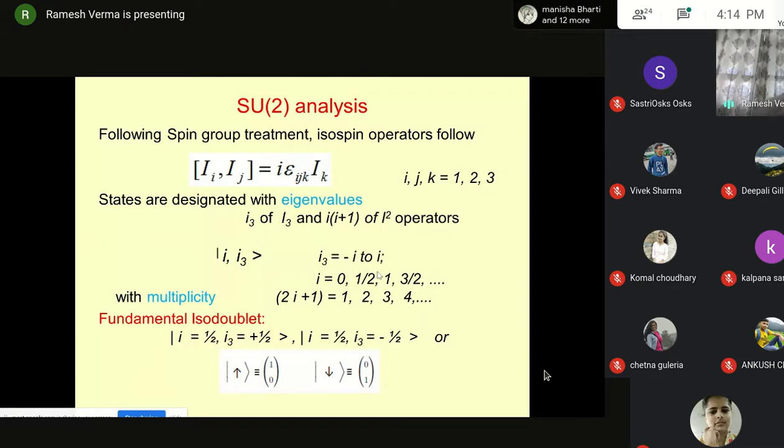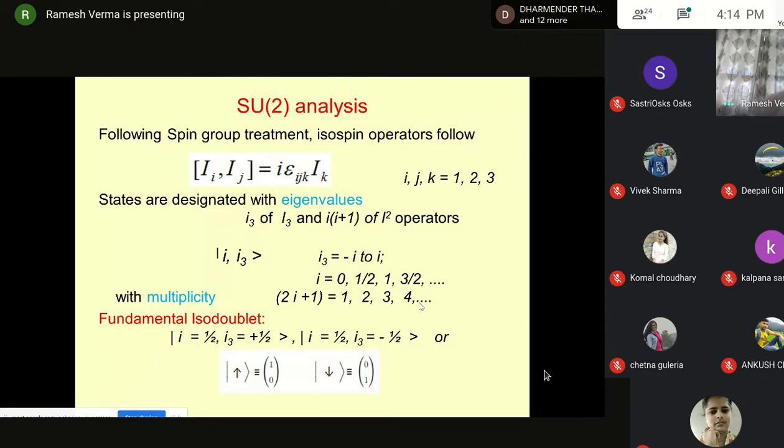We are dealing with quantum systems, so obviously the multiplicity of an SU(2) isospin multiplet is 2I+1: 1, 2, 3, 4. Actually, I am repeating these things because I will need them soon as I go further.